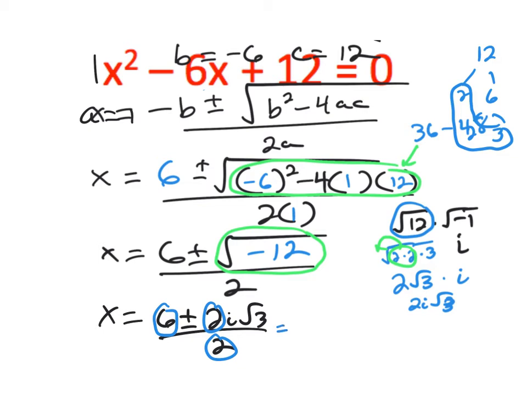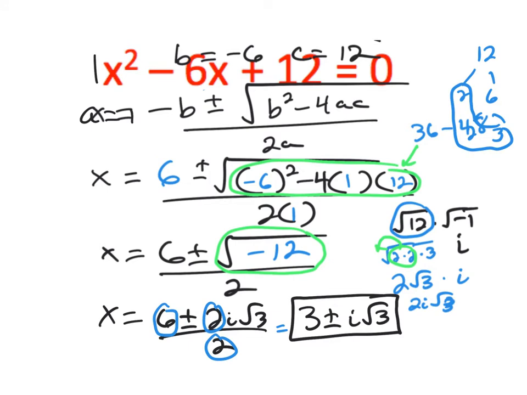Remember, the radicand part doesn't matter when we're simplifying this expression, but the numbers in front do. And so since they're all divisible by 2, I can divide each number by 2. And so 6 divided by 2 is 3. We still have the plus or minus. 2 divided by 2 is 1. So it's just left with i square root 3 there. And I guess divided by 2 on the bottom would just be over 1. And so this would be the most simplified form as my answer.